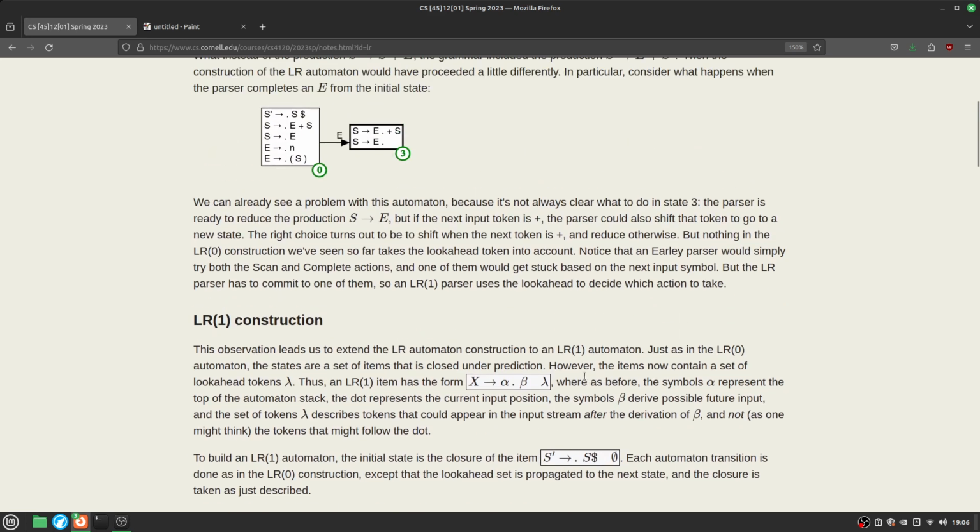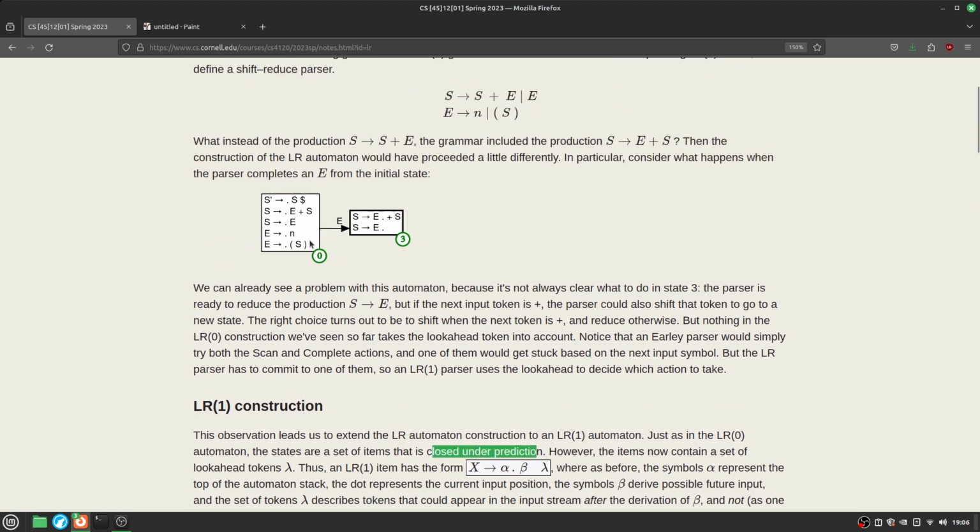However, I'm still trying to understand what closed under prediction means. I'm guessing it just means that we predict until we can't predict anymore.